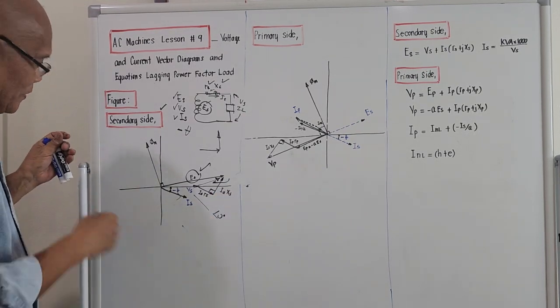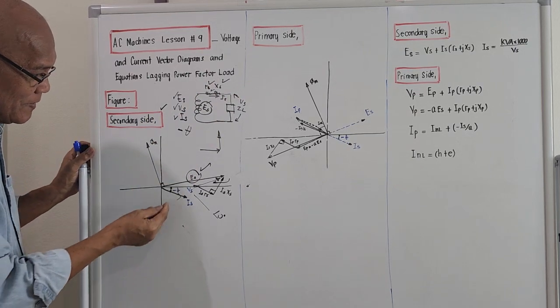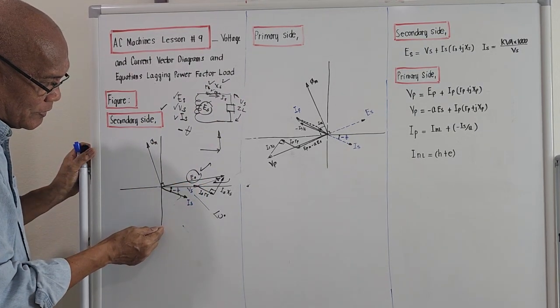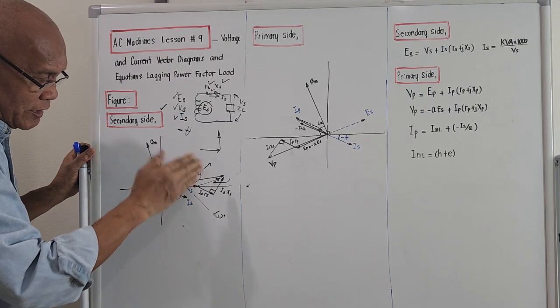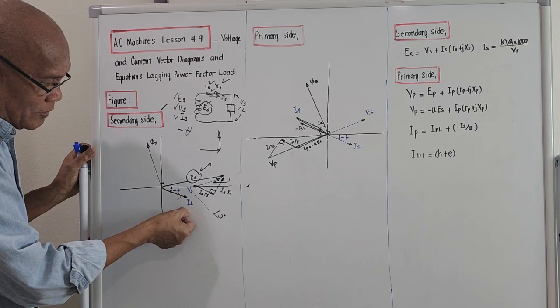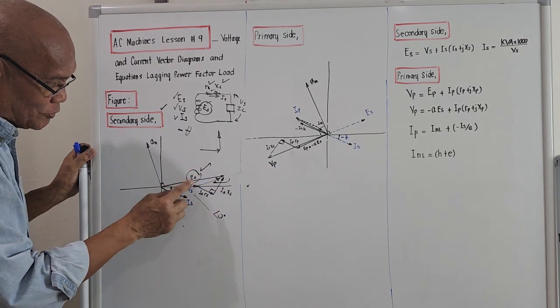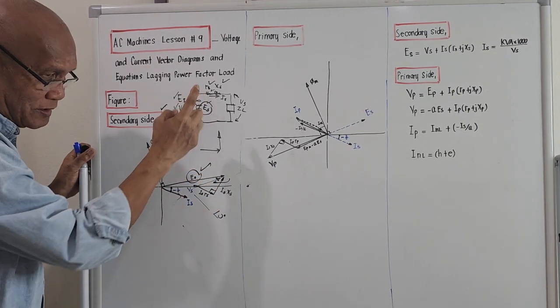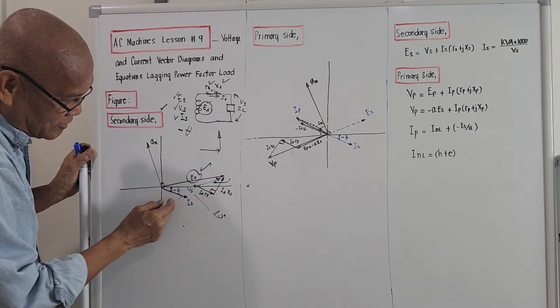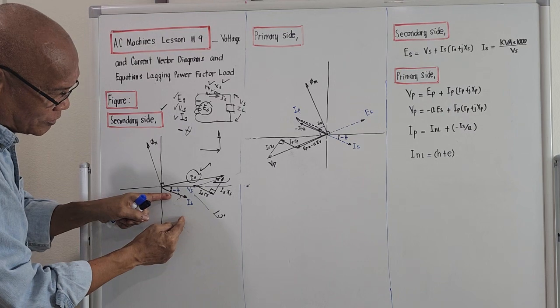Okay, I will repeat it before we go to the primary side. This is V sub S. It is at an angle 0. At a certain angle negative theta, that will be I sub S. Okay, if we draw the voltage drop due to the resistance of the winding, it is this one, right? They are in parallel with respect to each other.